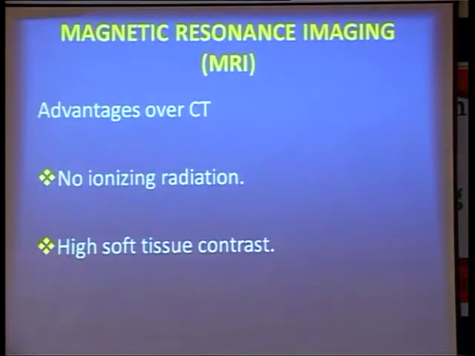Next one. The advantages of this over CT are that there is no radiation, and the soft tissue contrast is also there. For example, in CT, whether it is fluid or pus is very difficult to differentiate. But here you can differentiate the fluid and also the tissues: connective tissue, fat tissue, bone density.